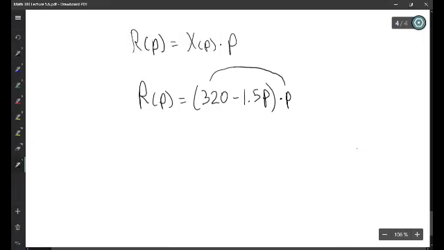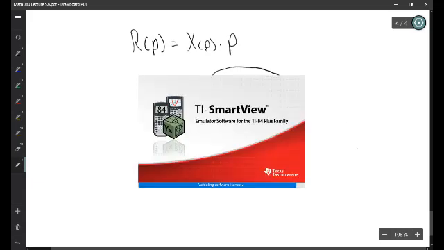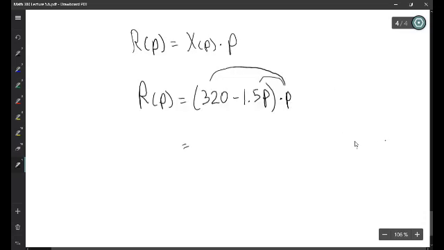This P distributes to here and to here, since we're on the right. And I'm pulling up the graphing calculator. We're going to need it for this problem. And so we have 320P minus 1.5P squared.